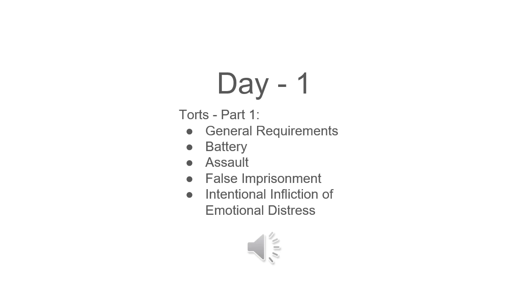Causation: defendant's actions must be a substantial factor in creating the plaintiff's distress. And that concludes part 1 of torts.